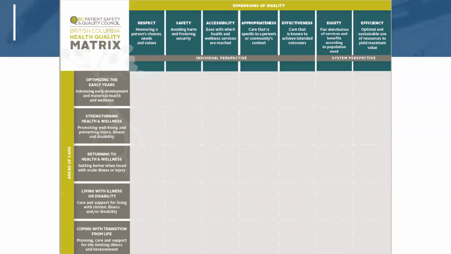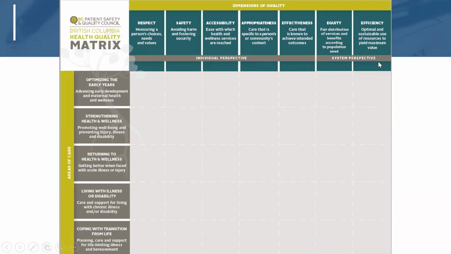So next up is the quality matrix. This quality matrix that you're seeing here is brought to you by the BC Patient Safety and Quality Council. Basically, a quality matrix helps you to illuminate where on the spectrum of quality, or dimensions of quality, your project is sitting. So there are different quality dimensions: those from the individual perspective and those from the system perspective.